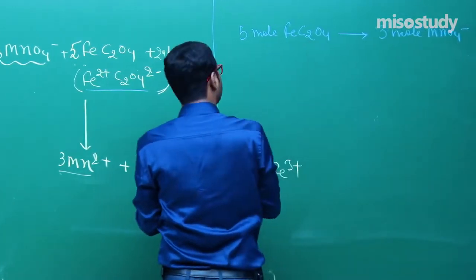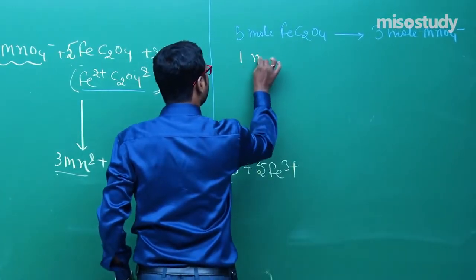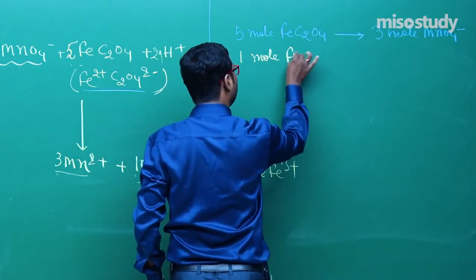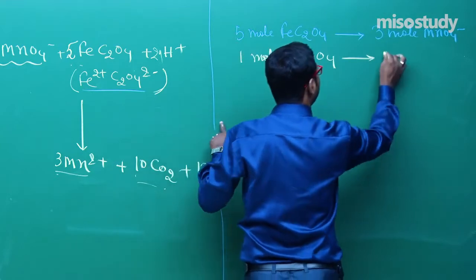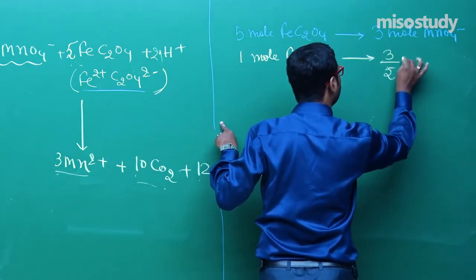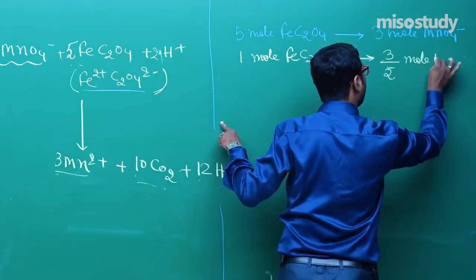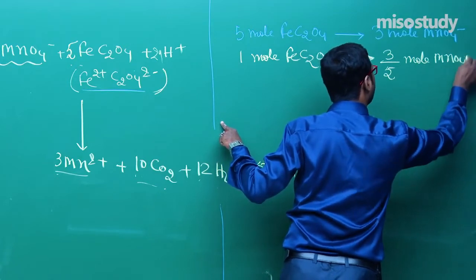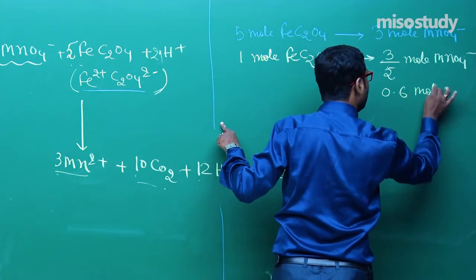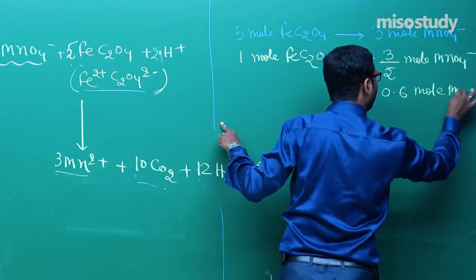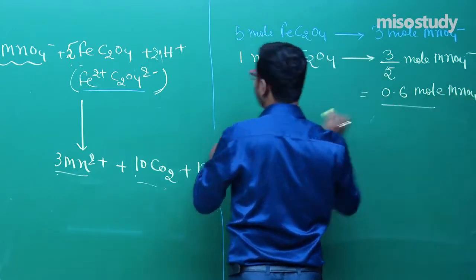Then 1 mole of FeC2O4 required, sir, is very simple. That is 3 by 5 mole of MnO4 minus, that is 0.6 mole of MnO4 minus. Clear to you?